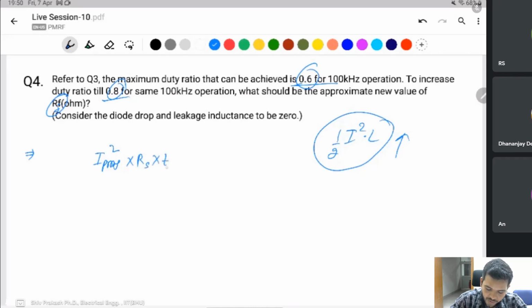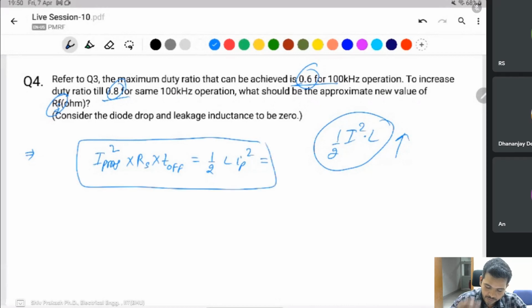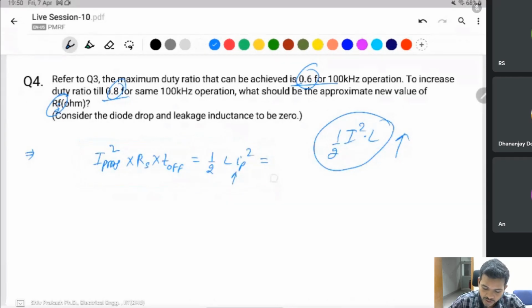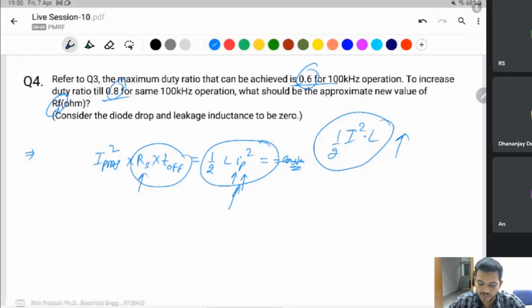The stored energy is half L I square. But this maximum value is given, so it should be constant; you can't increase or decrease it. If the same current is applied, the energy stored will be the same, but the time period is different, so to discharge all the energy the resistance should have a different value.